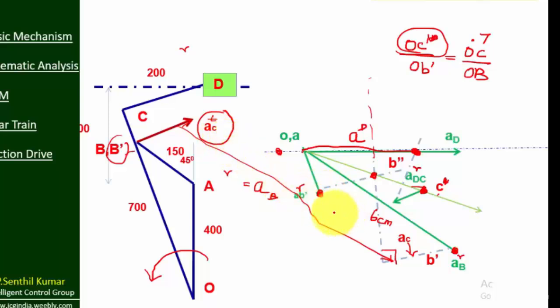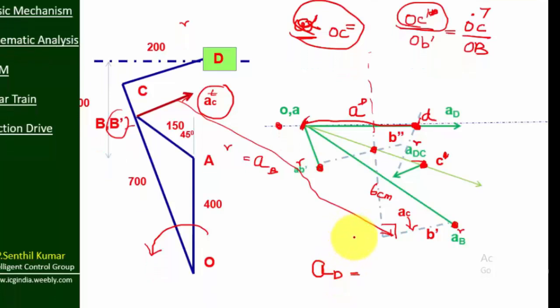So from these values, by measuring, we need the AD value. So AD is nothing but just measure A to this point D. So you will get the AD value. Similarly, you have to find out the angular acceleration, alpha of OC. That I will leave to you. So you have to find alpha OC by yourself, whereas here I calculated AD.